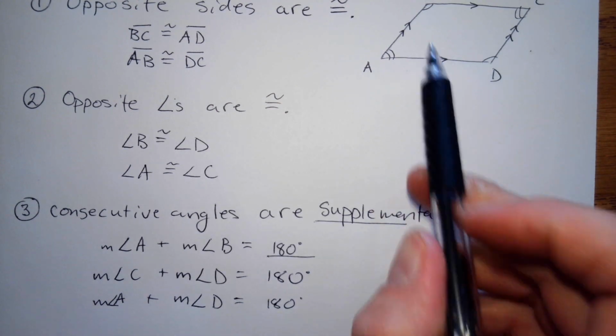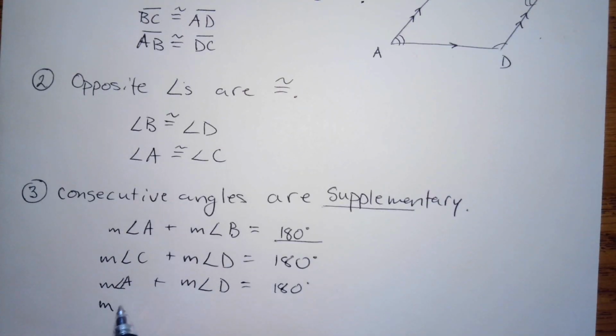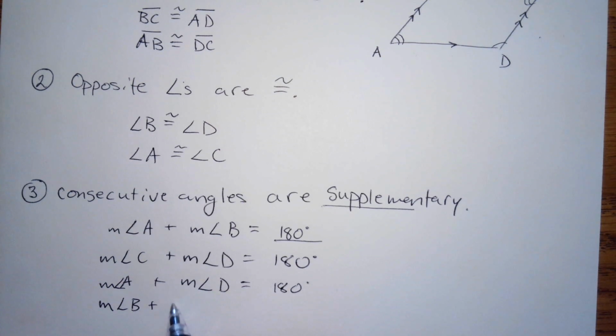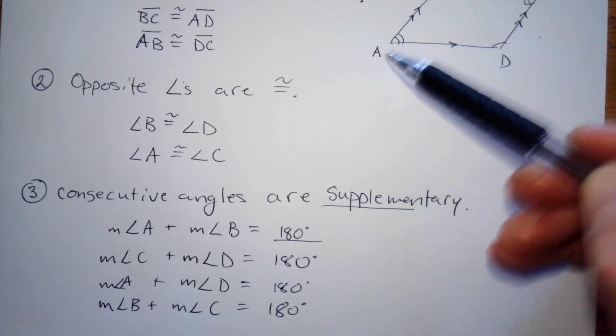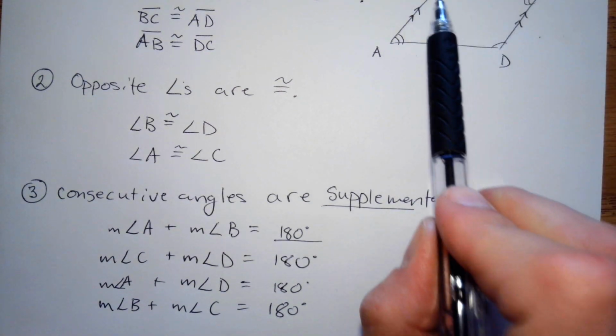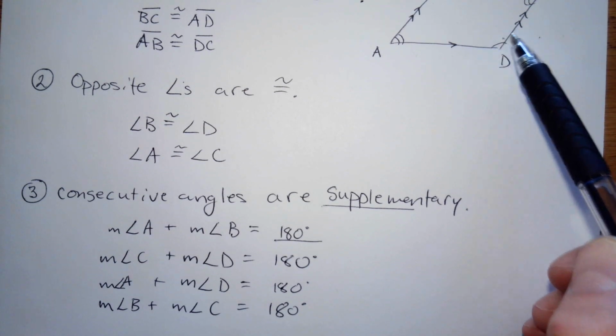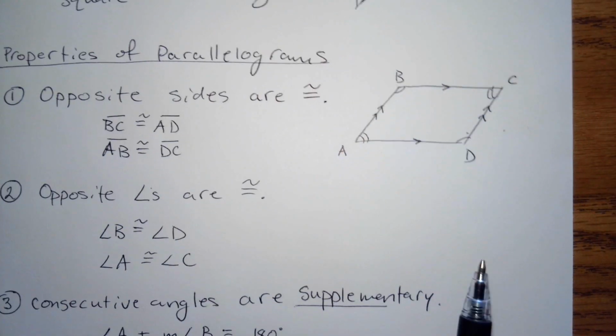And the last one, measure of angle B plus the measure of angle C equals 180. As long as they're right next to each other, they add up to 180. This and this add up to 180, this and this, this and this, and so forth.